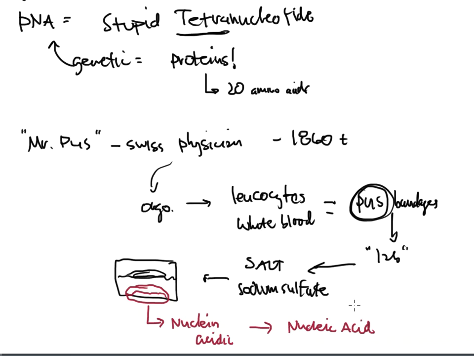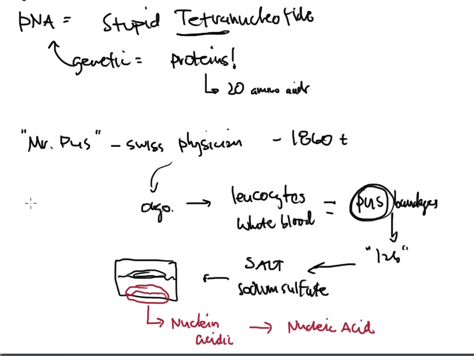All right, well, what was Mr. Pus's name, right? He was kind of the first one to give credit to the extraction of nucleic acid, so that way we could do further studies on this type of material. And this was a macromolecule, meaning that we could actually see this stuff because there was so much of it.